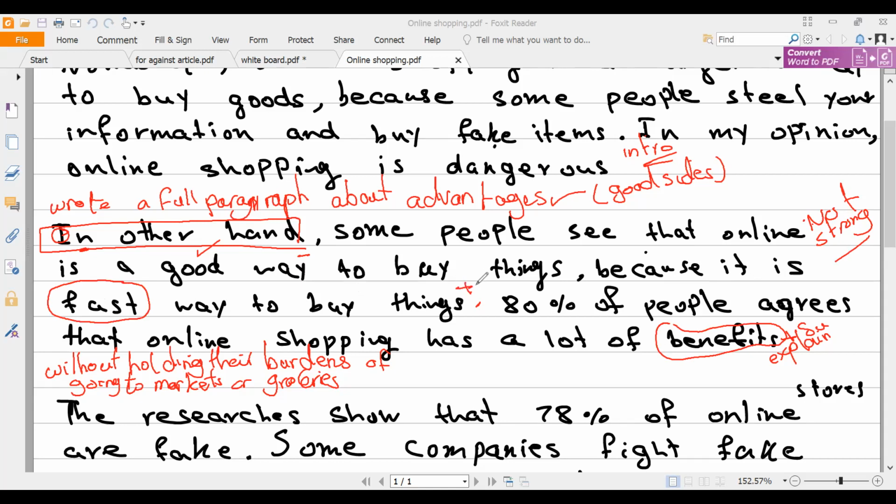So you can add an example, for example, buying online can make it easier for you to receive your products in the blink of an eye. It means like opening and closing your eye, you can get your product. This is what he means by fast way to buy. So you didn't support this idea.